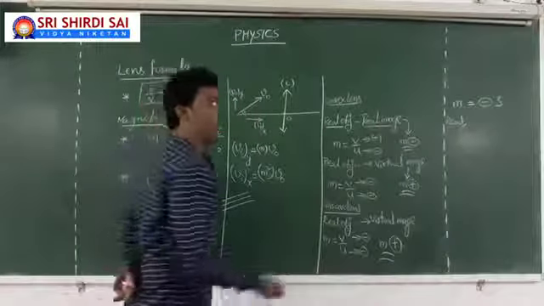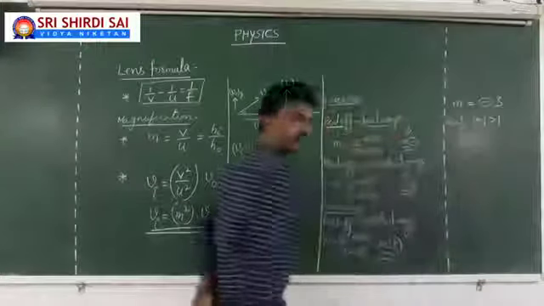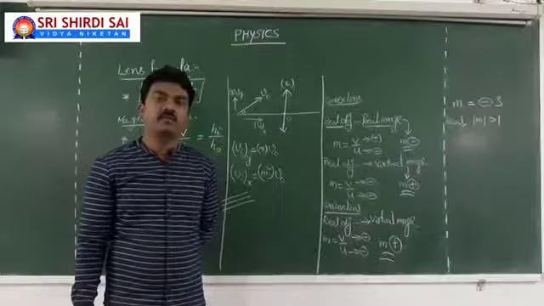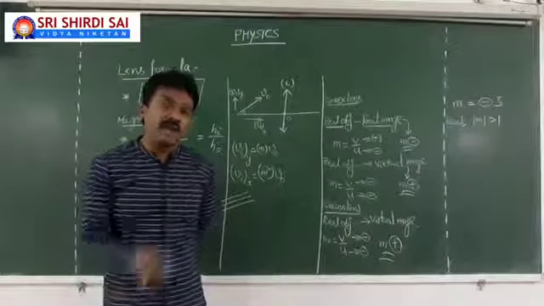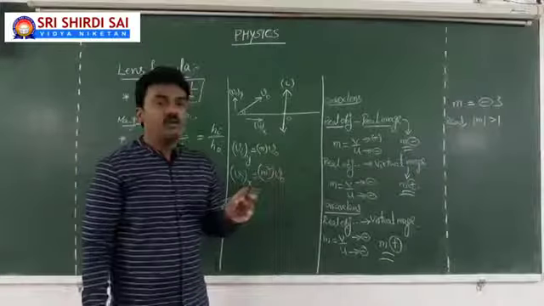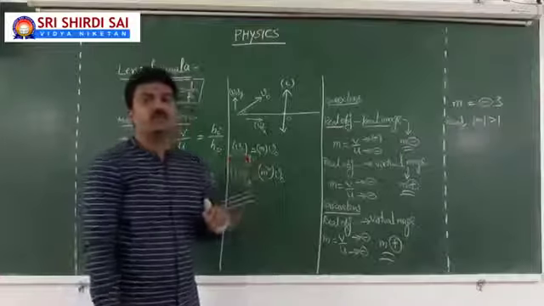Next, the value of magnification is greater than 1. So don't say, sir, -3 is less than 1. Here I am talking about the magnitude of the value of M, because the sign does not connect with its magnitude, it connects with the nature of the image.